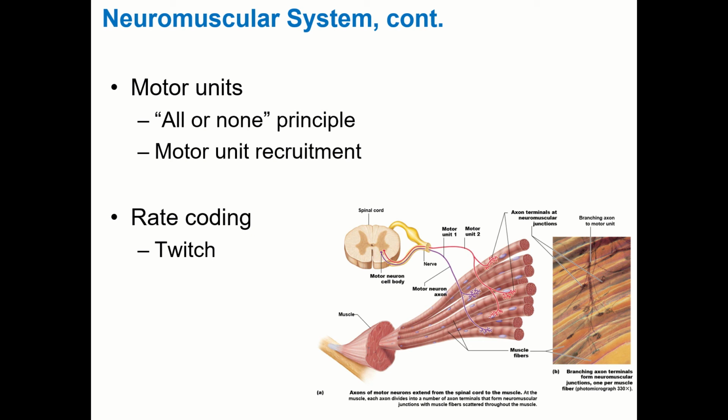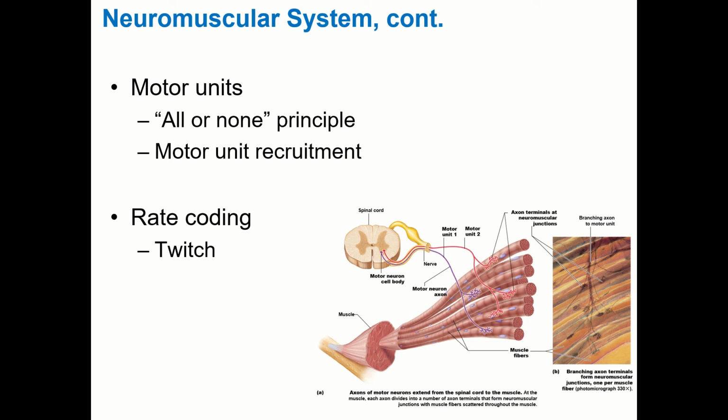So the way that increasing the force of muscle contraction works is we start with our small motor units, our type 1 motor units first. Then we work our way up to the middle ones, the type 2As, and then eventually up to the type 2Xs. And then if we still need to produce more muscle force, we're going to employ rate coding.